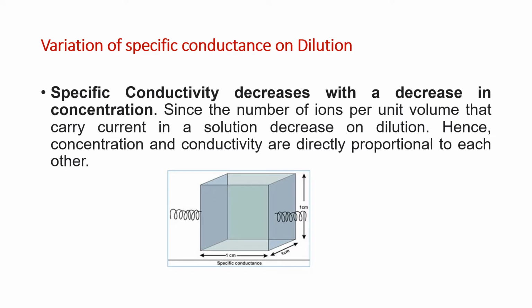The number of ions present inside this cube decreases. So the specific conductivity decreases. Specific conductivity is directly proportional to concentration, so as the concentration decreases, specific conductivity decreases.